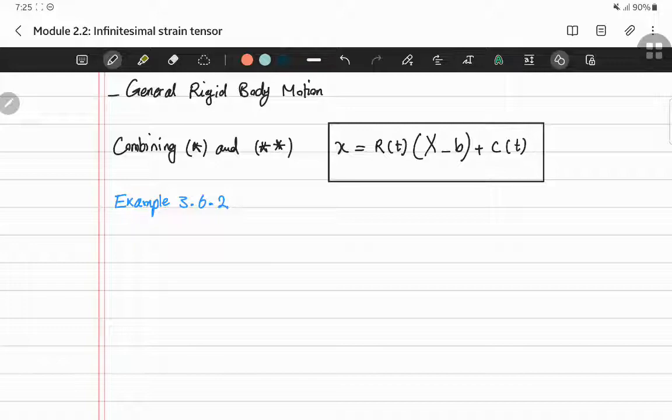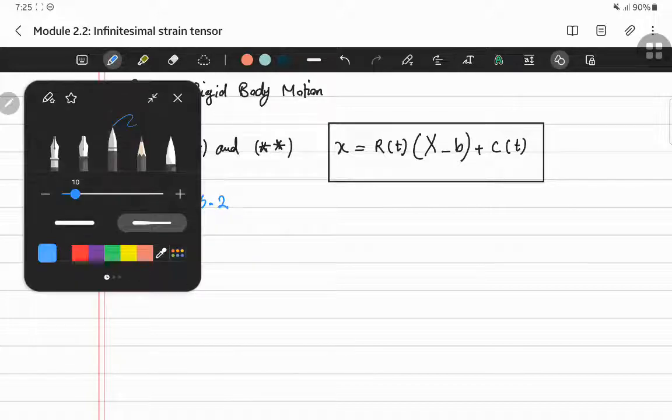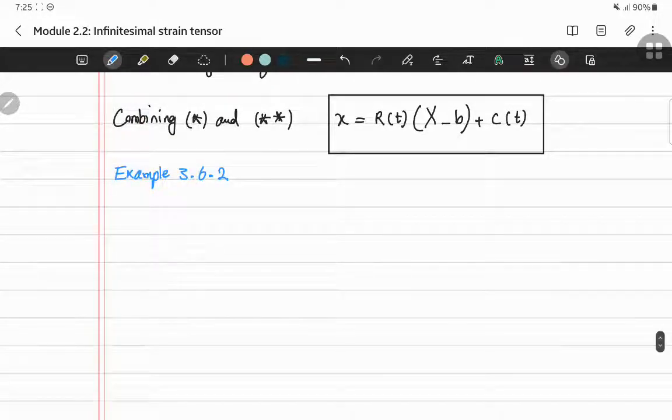All right. So if you remember, the general form is x is equal to R(t) times (X minus B) plus c(t).